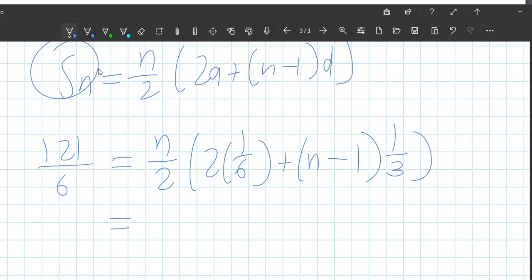First thing, we want to rearrange this a little bit. We times both sides by 2 to get rid of the 2. So 121 over 6 times 2 over 1, the 2 is gone on that side. We cross cancel these.